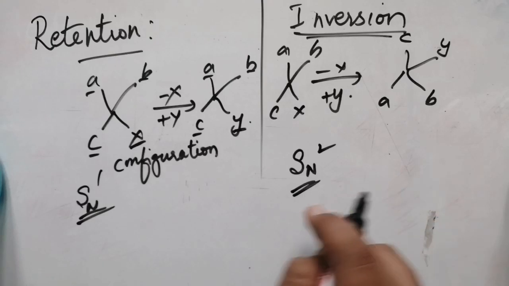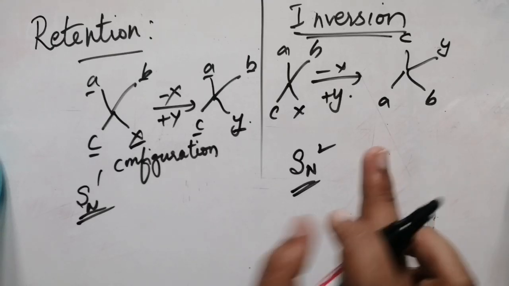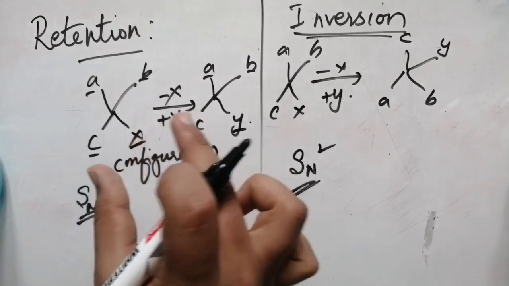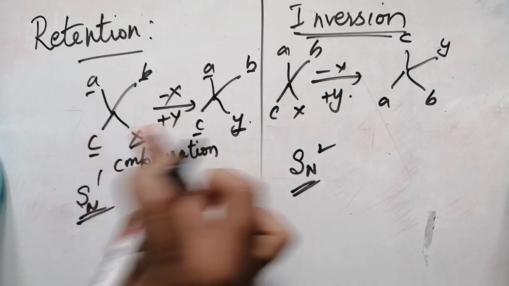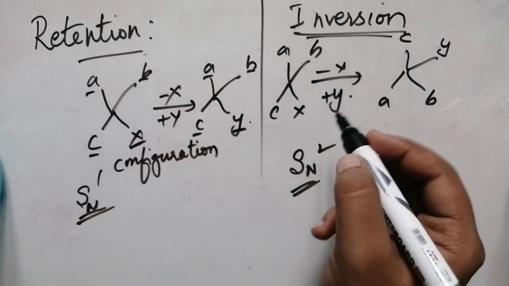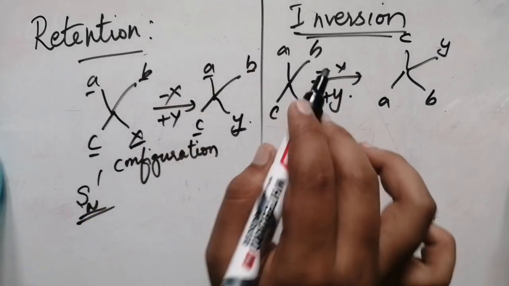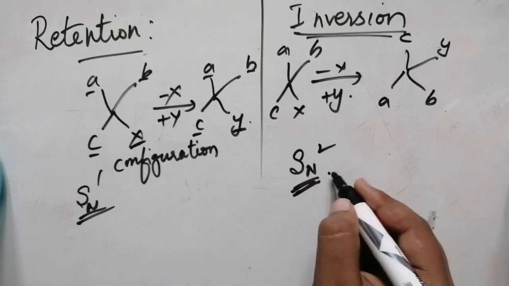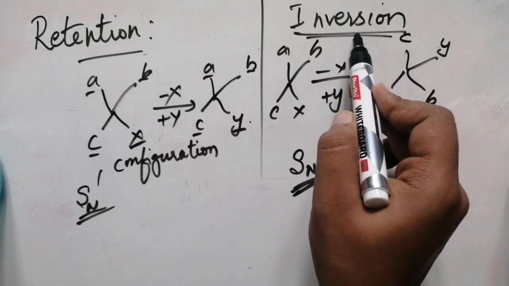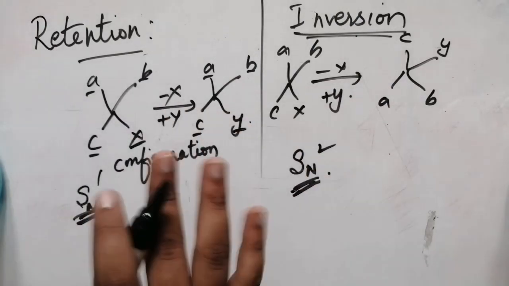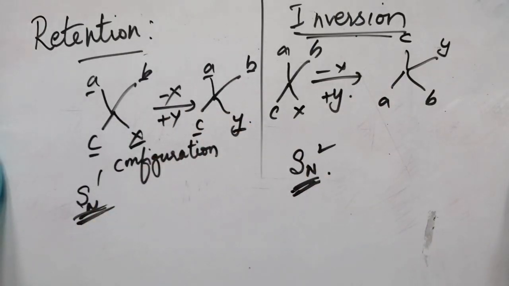We called it Walden inversion. If the structure remains the same in the reaction, it is called retention. If the structure gets inverted by 180 degrees, as in the SN2 reaction, the process is called inversion. Very important: retention and inversion.